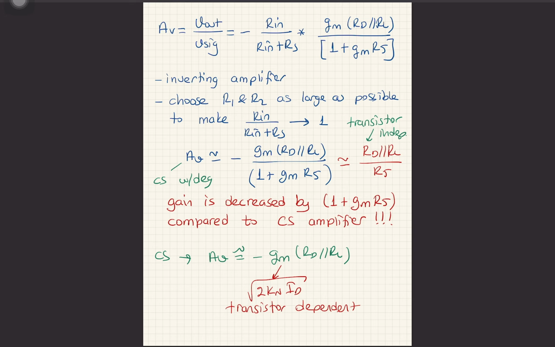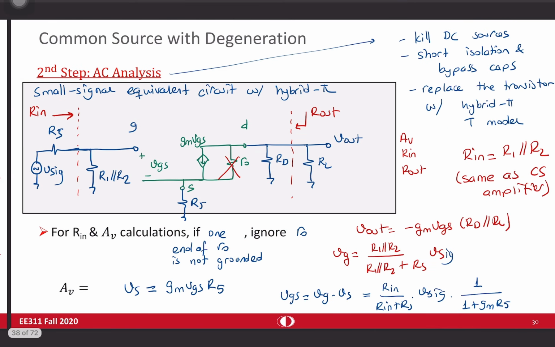And also this addition of the degeneration resistance will help you in stability of the system. If somehow, let's say that the gate voltage increases or something happens, you apply some feedback in the system, and this feedback helps you to keep your transistor in the correct operation point. We will analyze this in more detail through the end of the semester when we are discussing feedback. But let's mention it very briefly.